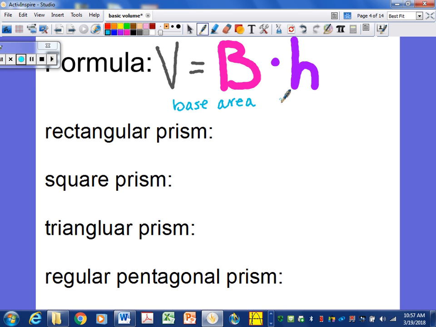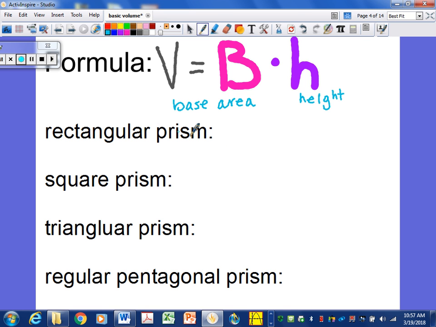And the height is, of course, the height for your prism, the distance in between your bases. So area of the base times the height for all prisms and cylinders. So I should add cylinder down here because it has a similar formula.